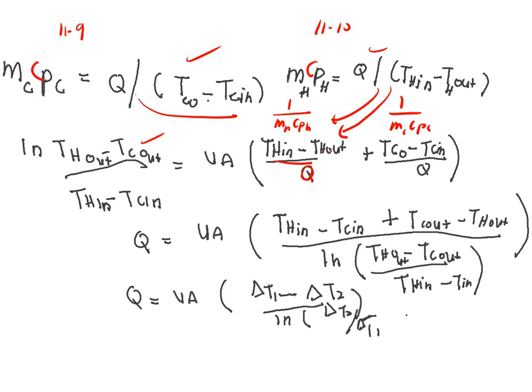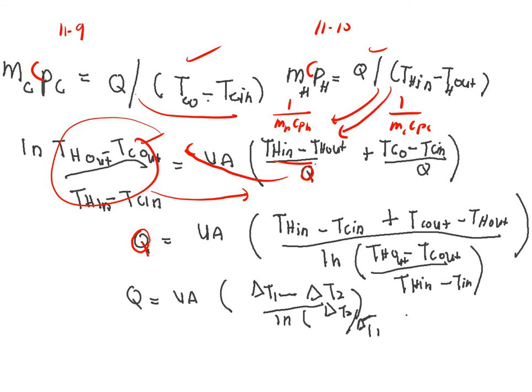After you substitute, rearrange back with Q on the left hand side, Q is equal to UA times TH in minus TH out plus TC out minus TC in over this.